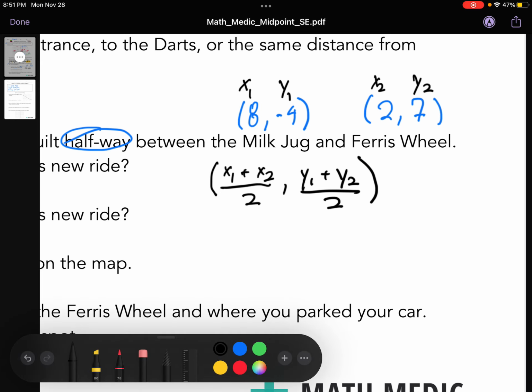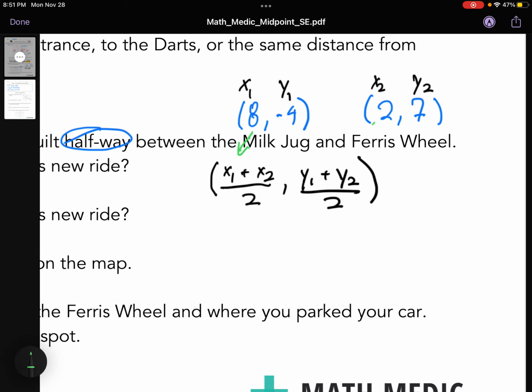Once we plug the values into the equation, we get, so x1 goes here, x2 goes here, y1 goes here, y2 goes there. Then we get 8 plus 2 divided by 2, comma, negative 4 plus 7 divided by 2. Now remember, that comma is just a separator between the values. You don't do any math.